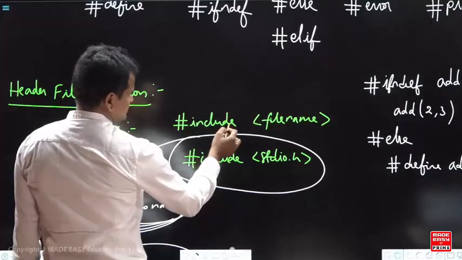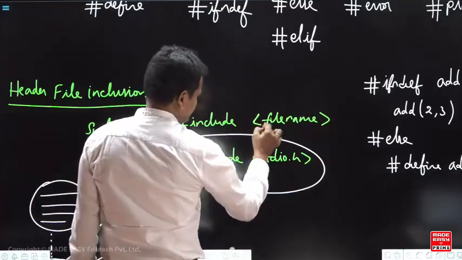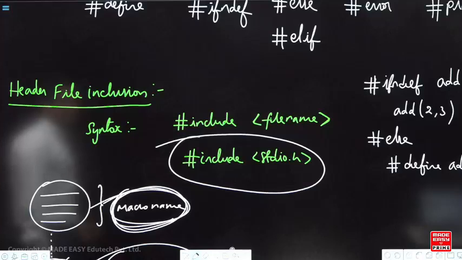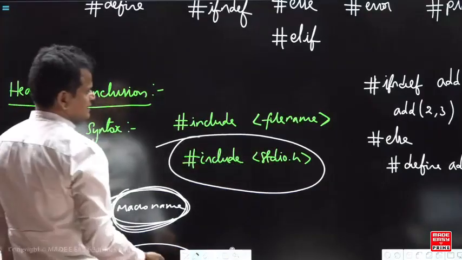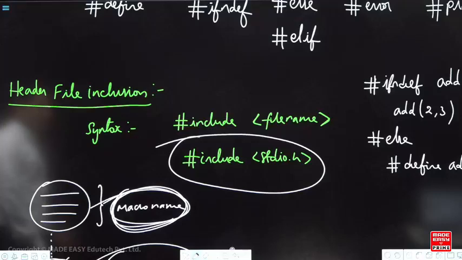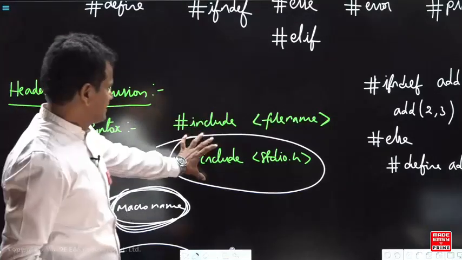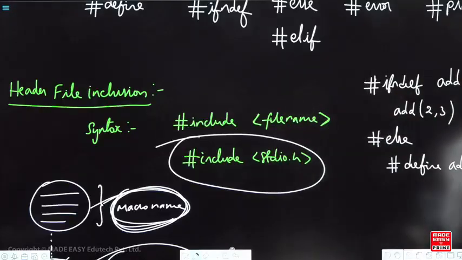Syntax: hash include within angular brackets file name. This is an example: hash include standard input output, stdio.h. Header file inclusion. Take the syntax and example of this one. I'll give you the notes. Done.